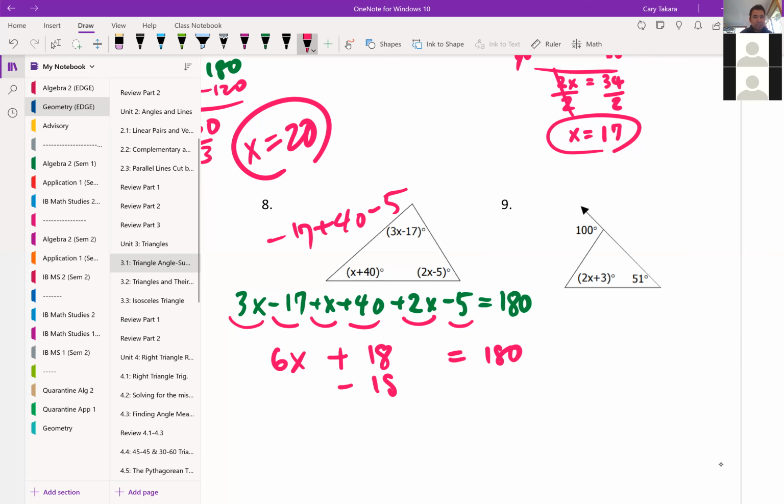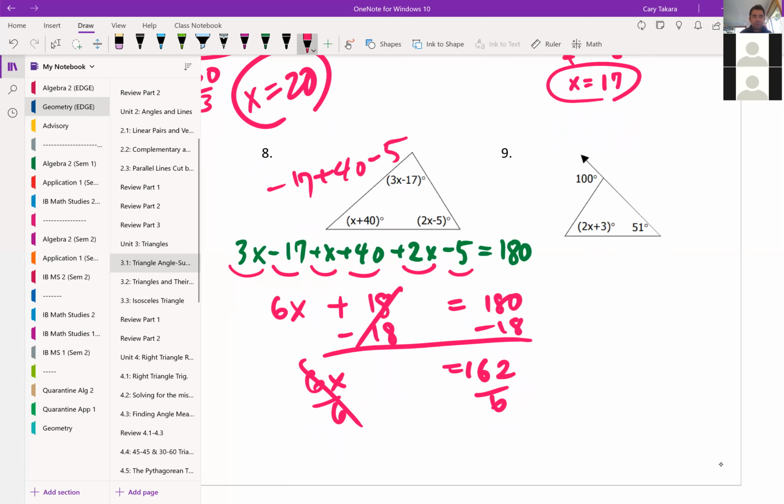Now I subtract 18 on both sides. Okay, 6x equals, what is it, 162. Now I divide by 6. What is that?